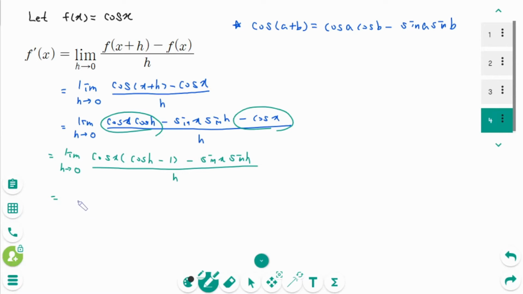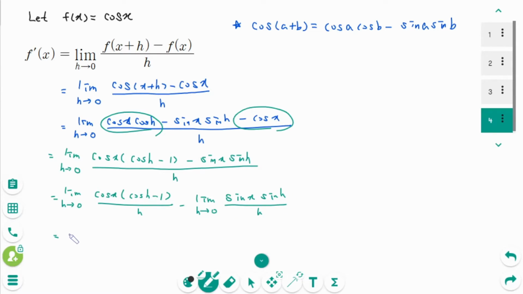Then we can separate: limit as h approaches 0, cosine x times cosine h minus 1 over h, minus limit as h approaches 0, sine x times sine h over h.